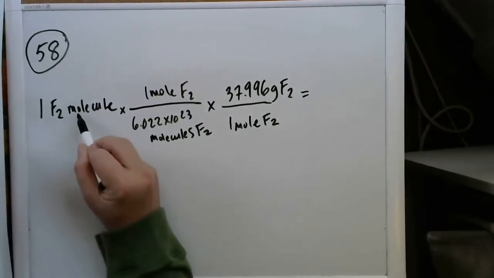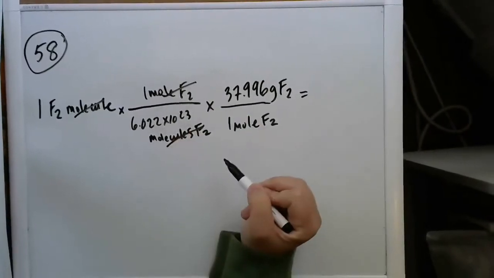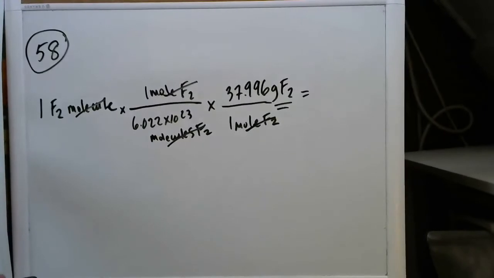So you see, we start out with 1 molecule, then we turn molecules of F2 into moles of F2, then we turn moles of F2 into grams of F2. Okay? Now we have to do our math stuff.